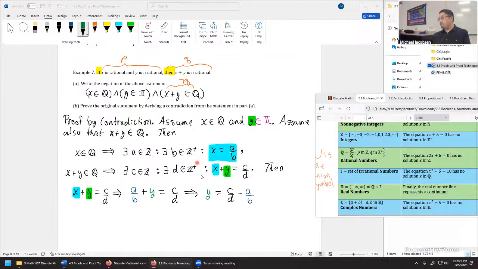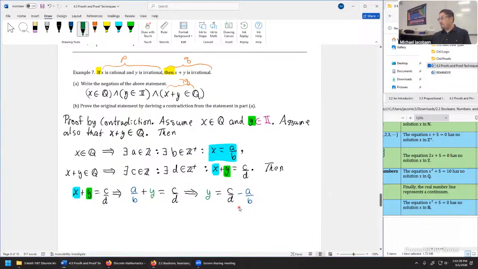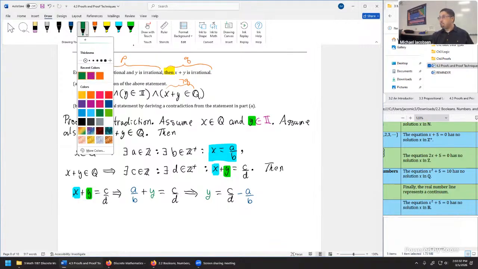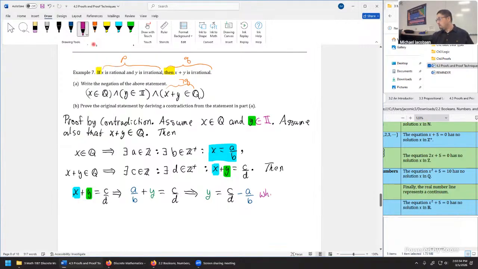We said that on this step right here. And A over B is also rational because of the way those variables are quantified. So we have Y equals that, which is a rational number.